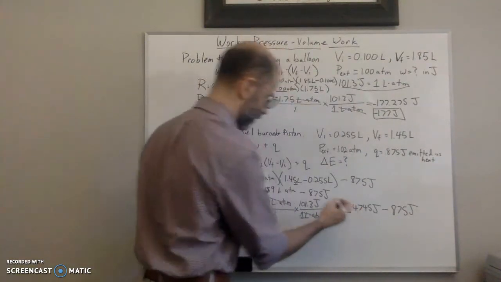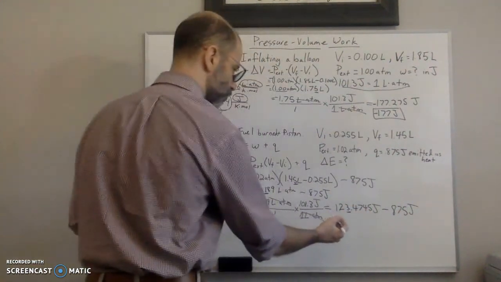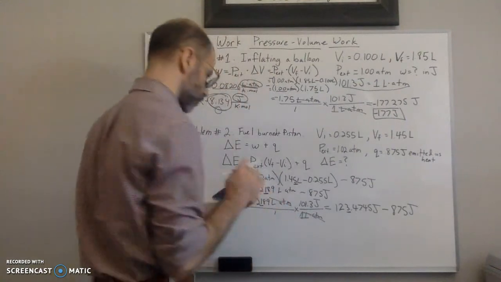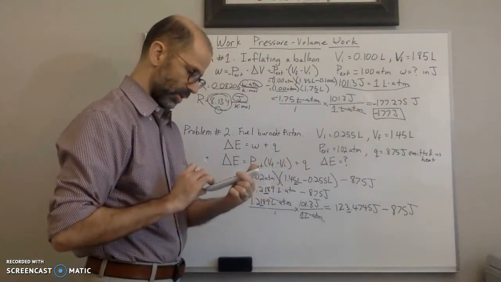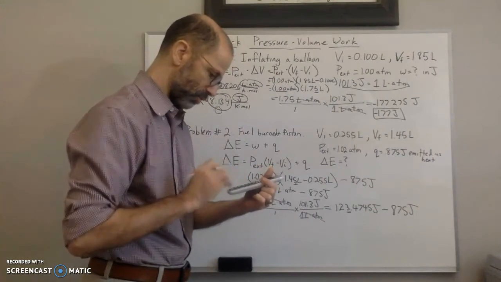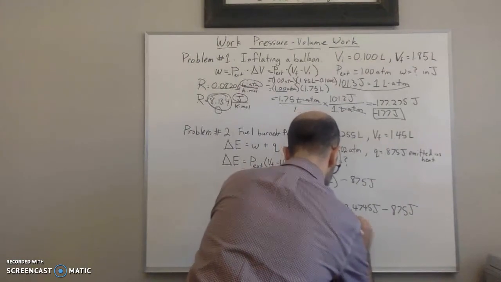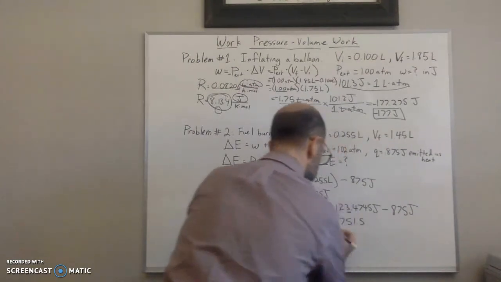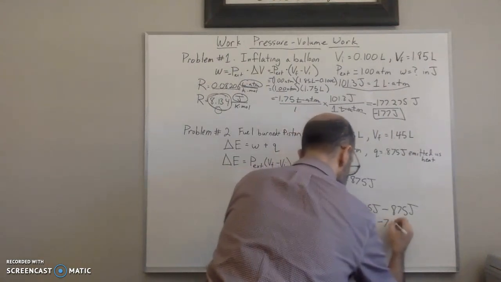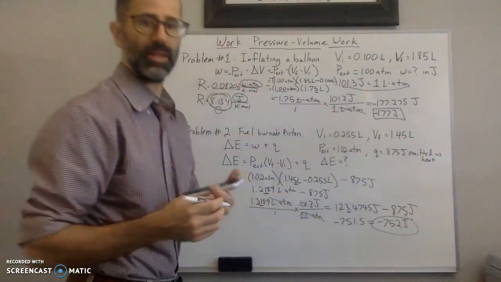So this should be in 3 sig figs, okay? Then when we subtract, it's the number of decimal places, which is both 0. So we're going to subtract 875 equals, and we get a negative 751.5, which when we round to the proper number of sig figs is going to be negative 752 joules. So that is the answer.